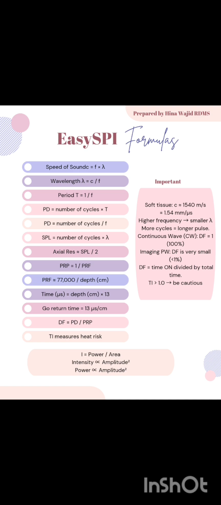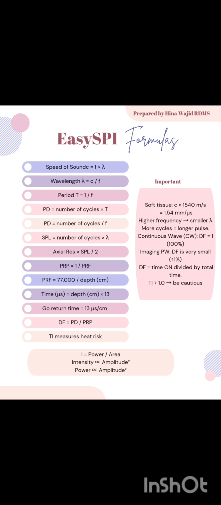Higher frequency have smaller wavelength and lower frequency have more wavelength. Now resolution and penetration relationship with the frequency, very very important. Higher frequency means good resolution but poor penetration. Also attenuation and frequency relationship.